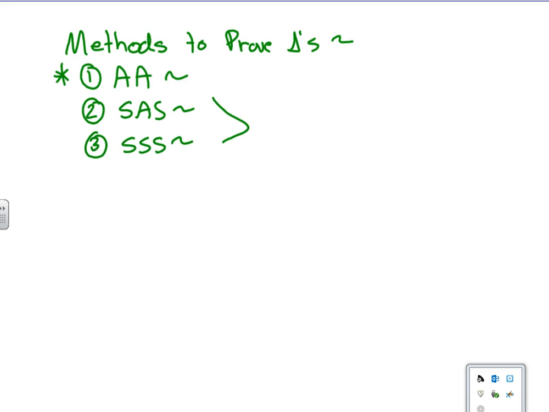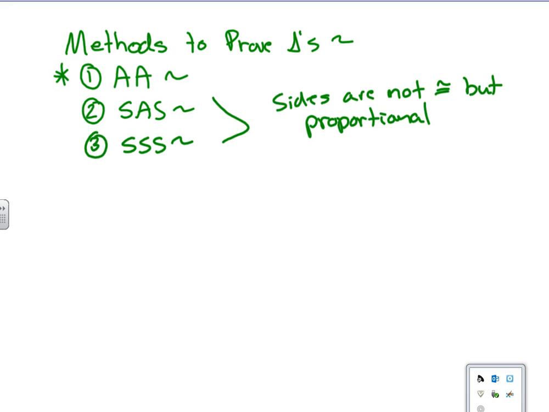It's important to note here that the sides are not congruent but proportional, and that the angles are congruent. With side-angle-side, the included angle is congruent, but the sides are proportional. Those are our three methods to prove that triangles are similar.